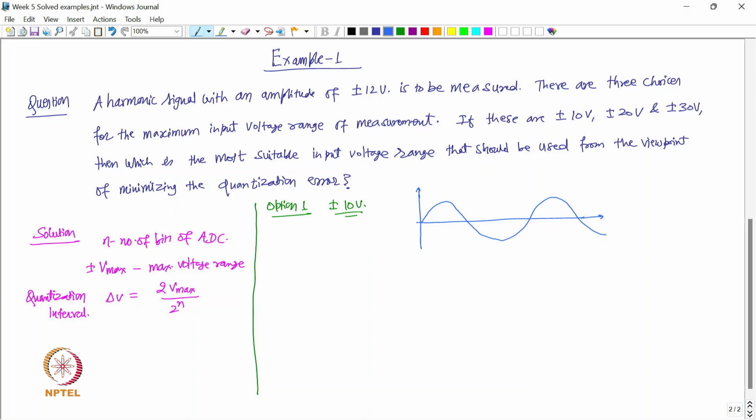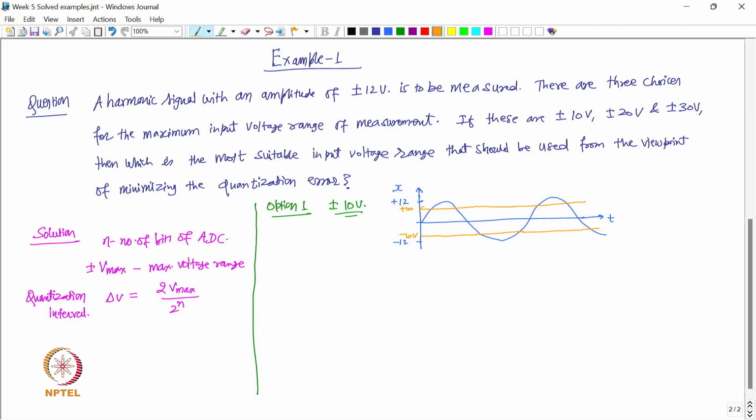This is the signal we have to measure, x, and this amplitude here is 12 volt, this is plus 12 volt and this is minus 12 volt. So, that is the signal we are trying to measure. And what is the input voltage range? The input voltage range is plus minus 10 volt. So, I am drawing two horizontal lines to represent that, something like this. So, this is plus 10 volt and this is minus 10 volt.